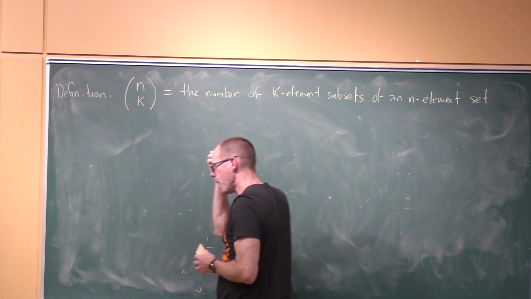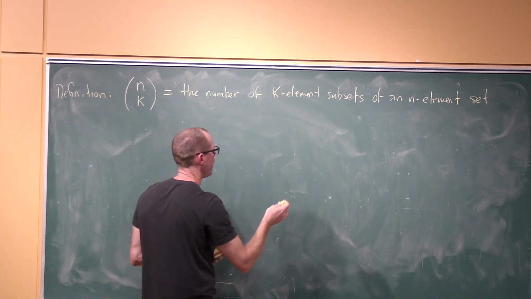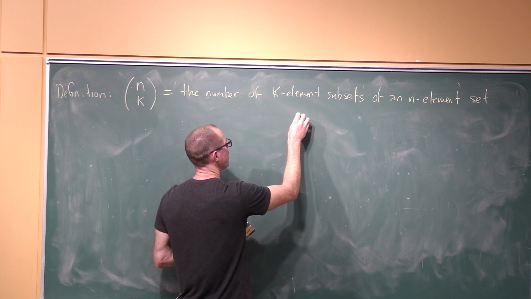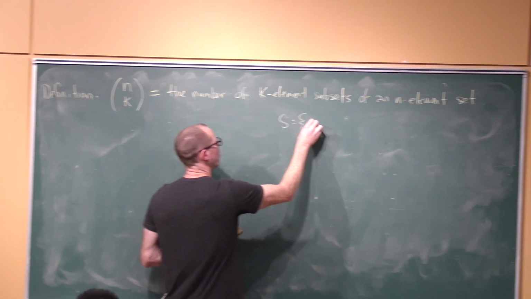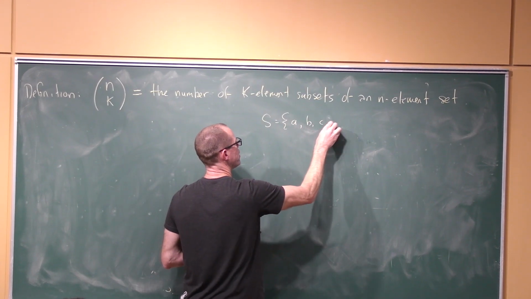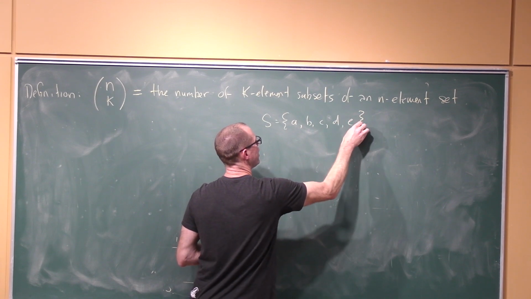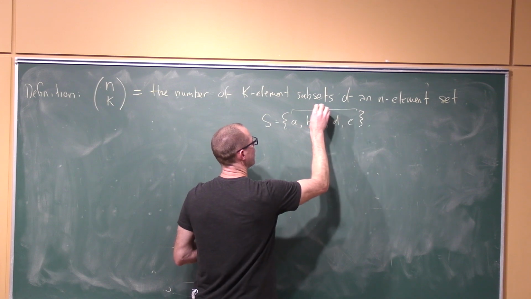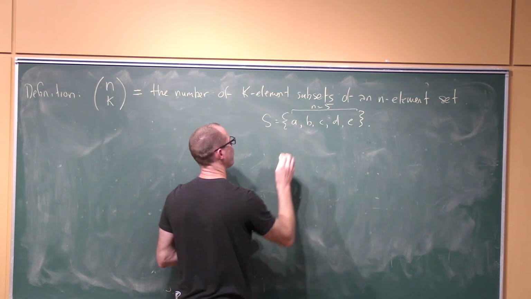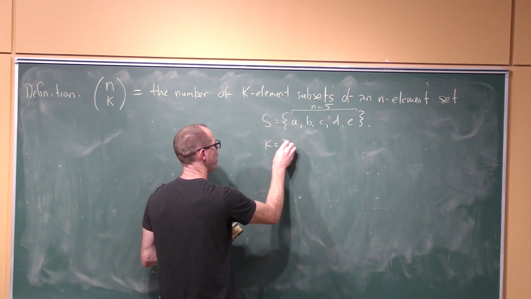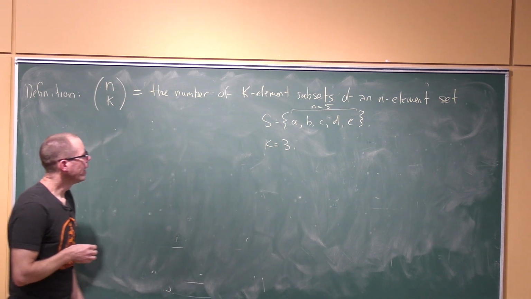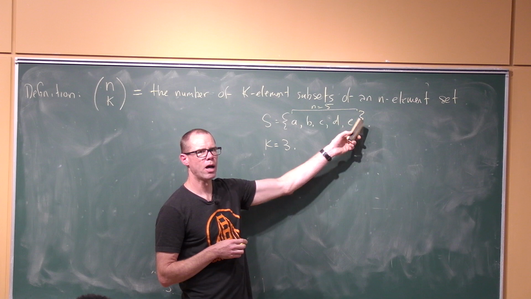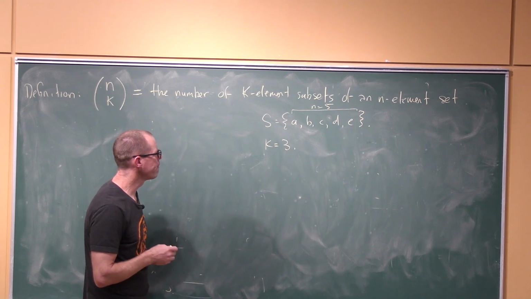So let's do an example and take a set S, which has A, B, C, D, E in it. So this is n equals 5, and we'll take k equals 3. How many subsets of S of size 3 are there?